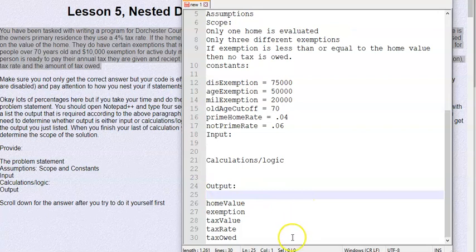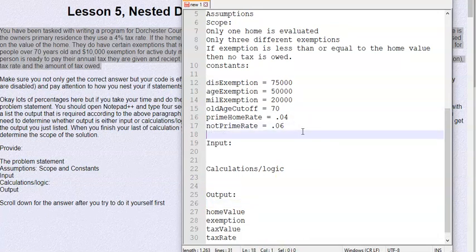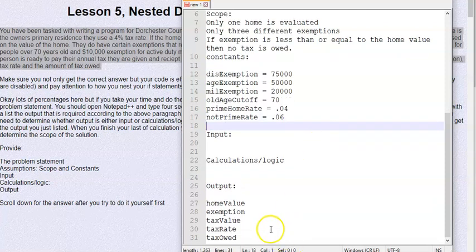Okay, and now we're ready to do the hard part of the problem statement, and probably the most valuable to you as a coder. So all these right here are going to be populated by either calculations or logic. The home value itself is going to be told to us.